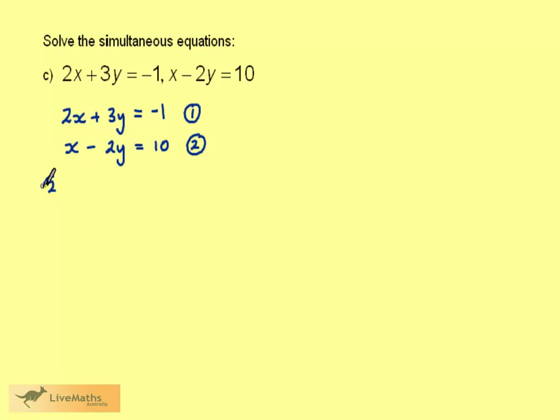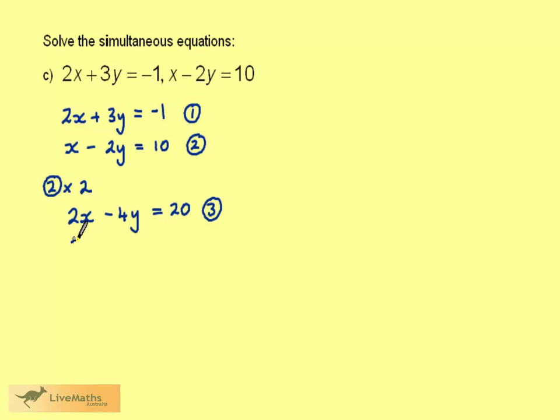We could multiply equation 2 by 2, and if we did so, we'd get 2 times x, 2 times minus 2y, minus 4y, and 2 times 10 is 20. Call this equation 3.